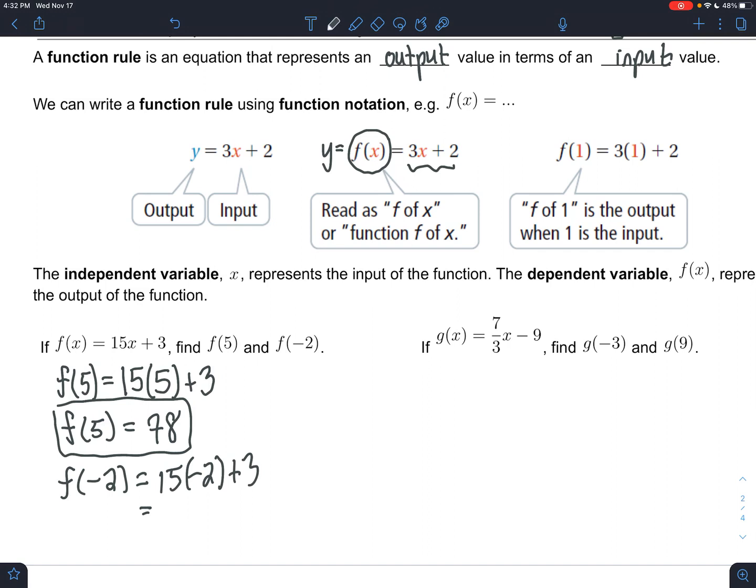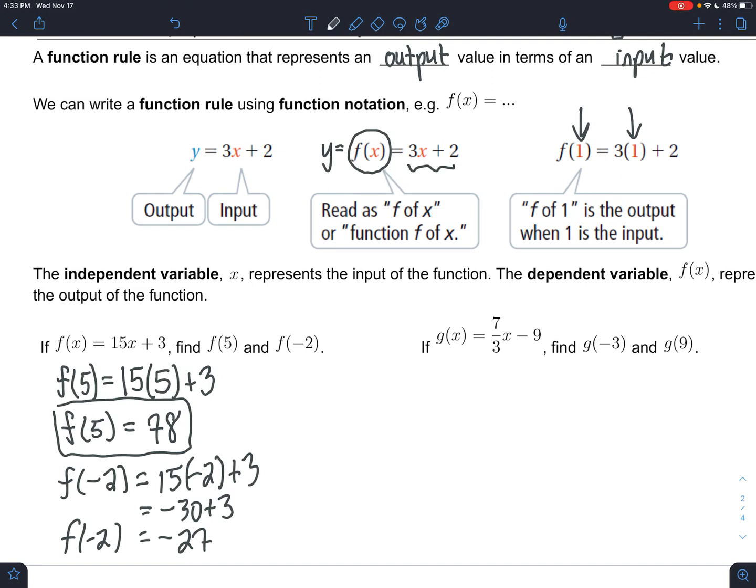Anywhere there's an x, you put a -2. So this is -30, so -27. There's our summary for that one: we plugged -2 into f, and it gave us back -27.